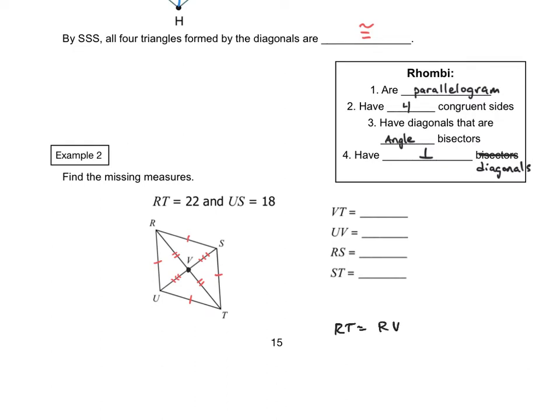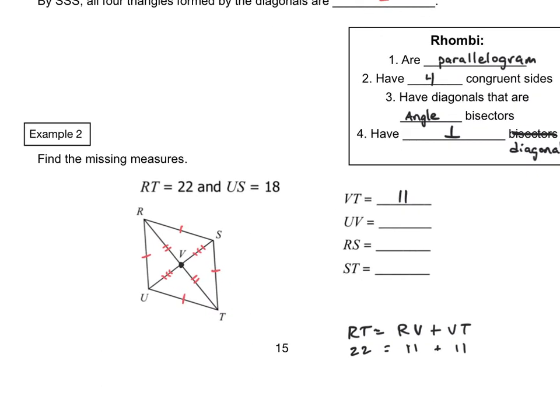How about the segment addition theorem? So we have RV plus VT is going to equal the entire segment of RT. And then we know that these two things equal each other. So if we have 22, then I know that RV is 11 and VT is 11.